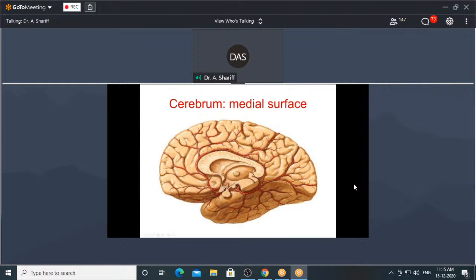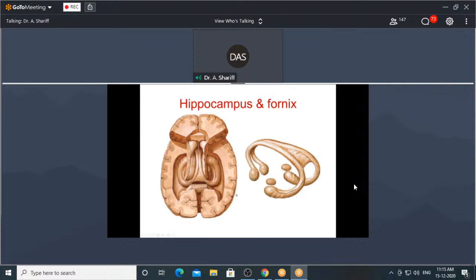This bundle is coming down to the mammillary bodies here, and actually it is going like that, and then it is going towards the lateral side, and the hippocampus is on the medial surface of the cerebrum. This part, this arrow, if you pay attention, see, it is going lateral, and this is called the hippocampus.